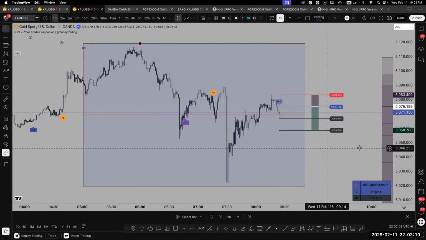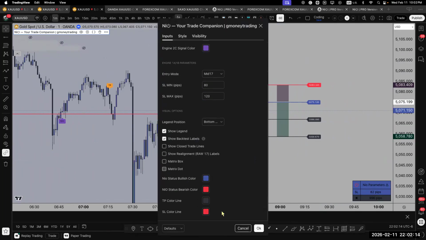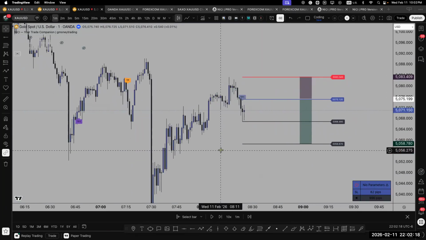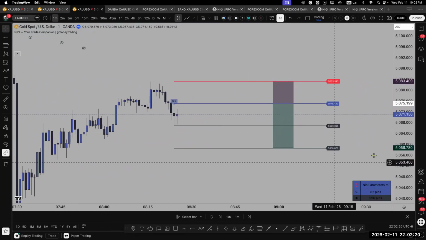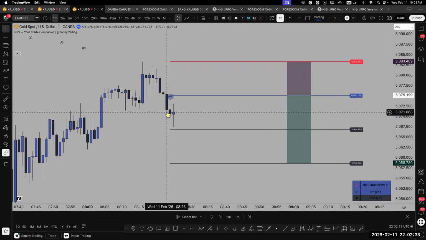So we always want price. We can hide this box too if you want, just for now. Every time the signal comes and Neo approves it, this is the candlestick where the realignment was confirmed.